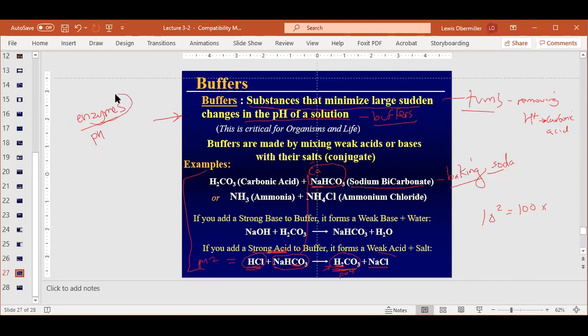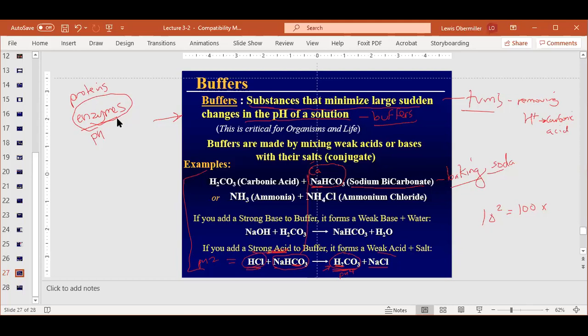What happens to the shape of enzymes or proteins, by the way? So what happens to the shape of the enzymes when we change the pH? They would fall apart. Well, it would definitely change its shape. It's just like temperature. If we heat something up or cool it down, it changes its shape.